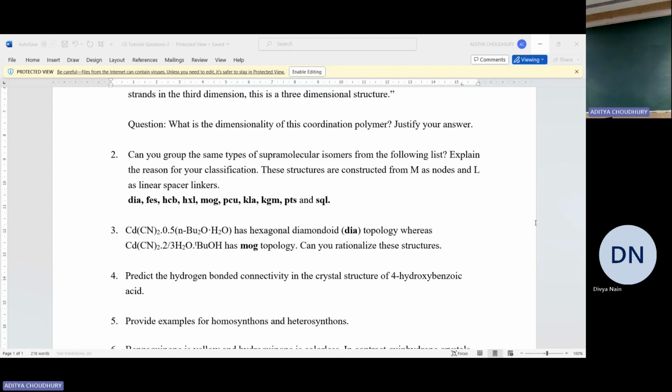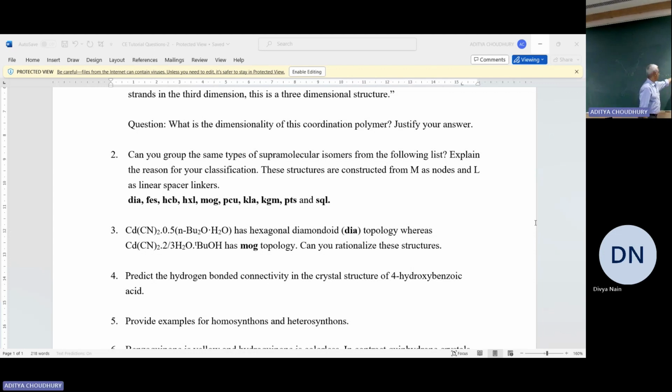So you go back to the formula. You need 2 types of cadmium. One type of cadmium has tetrahedral coordination, CN, CN, CN. The other cadmium is also CN, CN, CN.